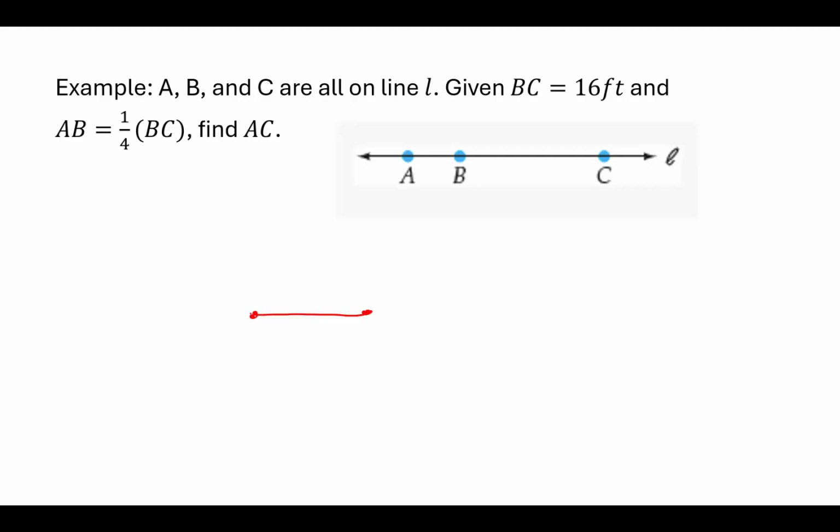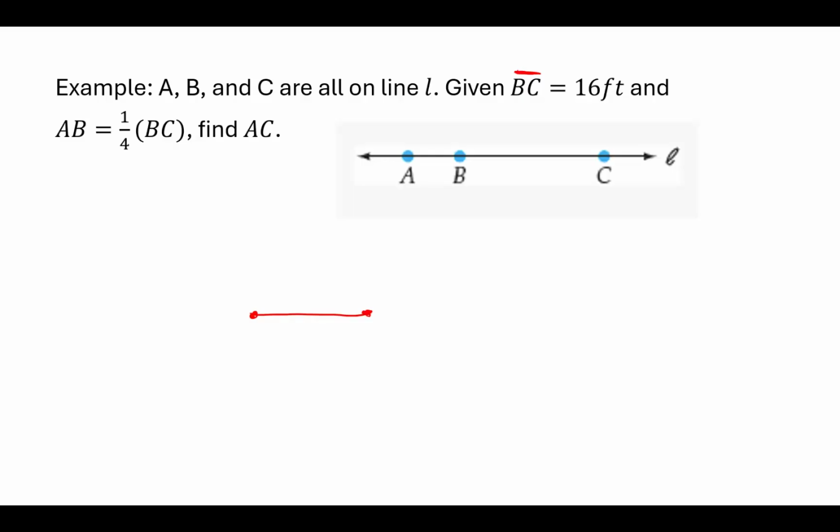So a segment has those two dots, starts there and ends there, and here we have the segment BC. In some books, they would put a line on top of it so that you understand that it is a line segment. The question says, given BC equals 16 feet and AB equals 1/4 of BC, find AC.